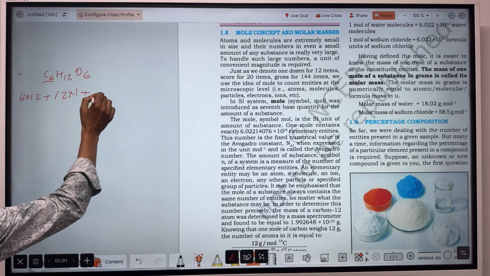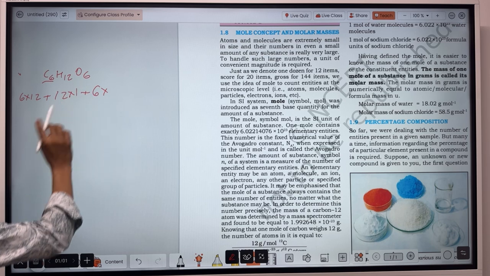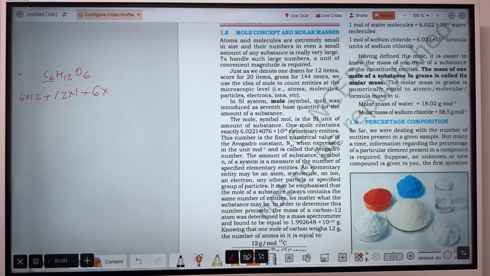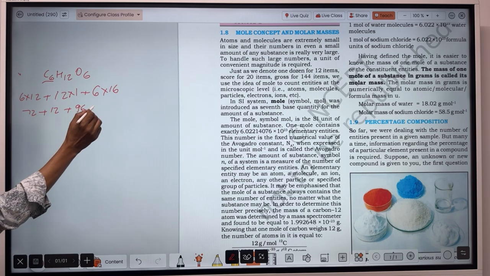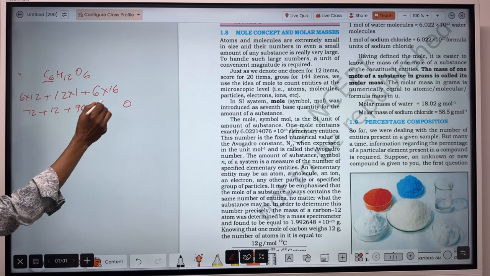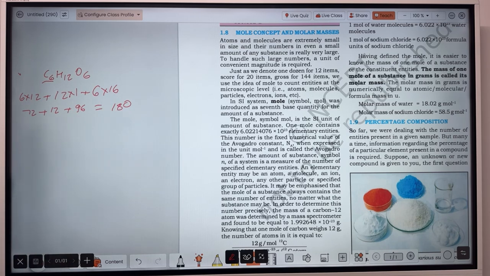Plus, here there are 6 oxygen. So 6 into oxygen atomic weight, which is 16. So that will be 72 plus 12 plus 96, which is 180.